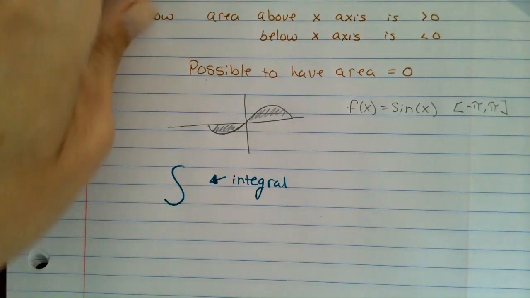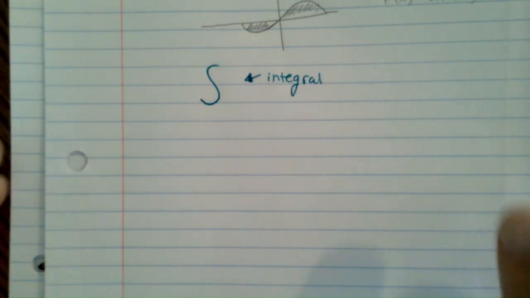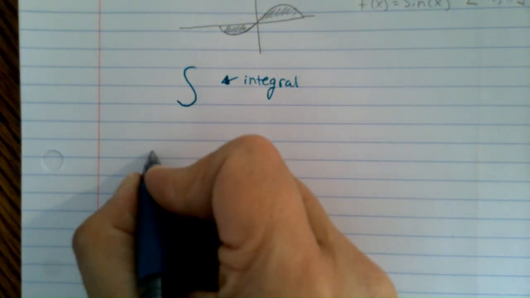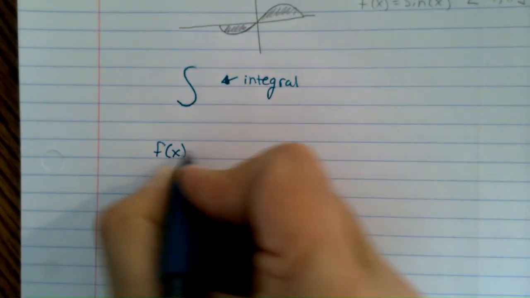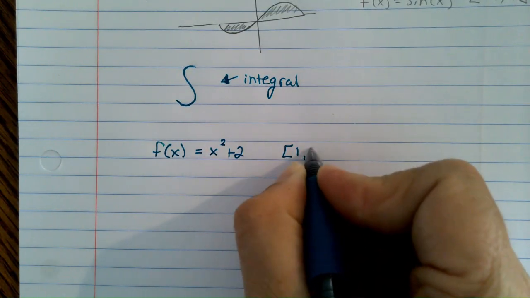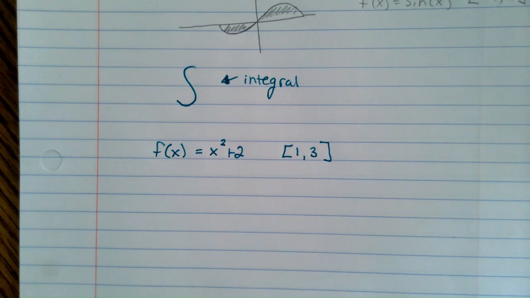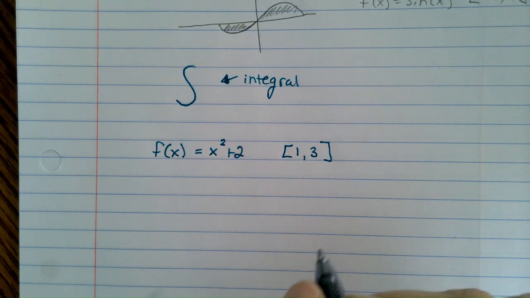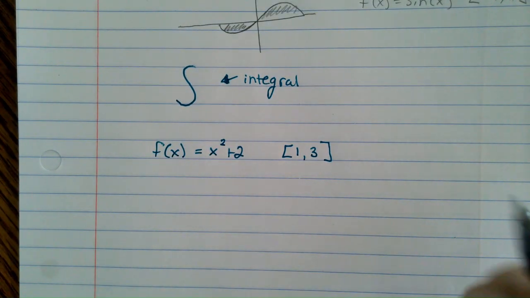Okay, so my last video, we were discussing finding the area under the curve when f of x was x squared plus 2 and the interval was from 1 to 3. Okay, so there is a way to write that using integral.